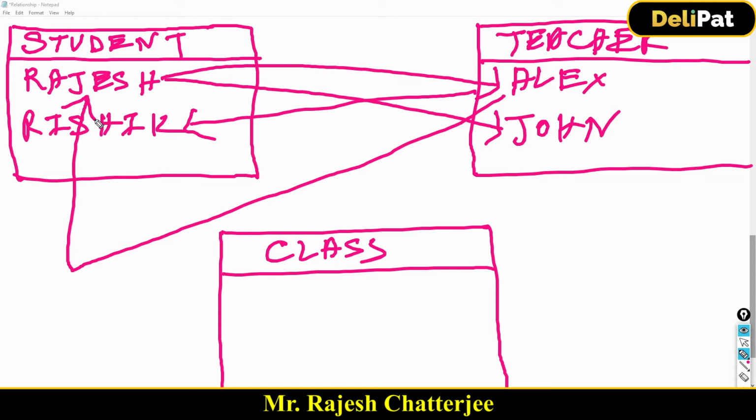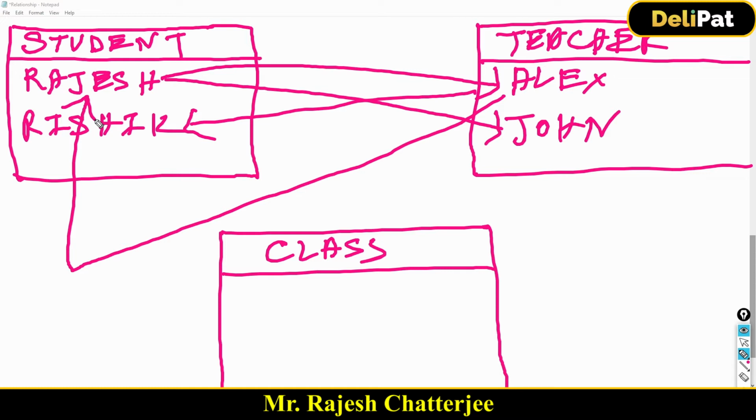Now here, if you see, this is a many-to-many relationship. Many students can be tagged to one single teacher, or multiple teachers can be tagged to one single student. Possible? This is basically a many-to-many relationship.